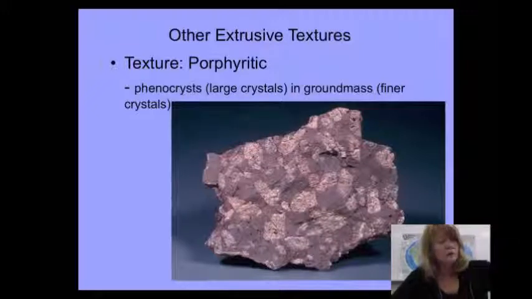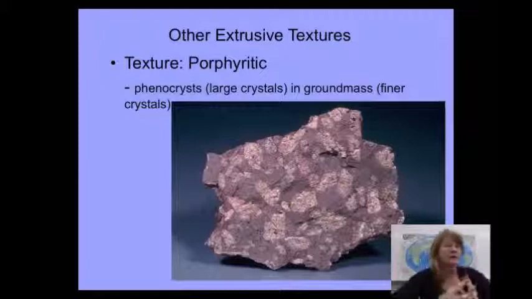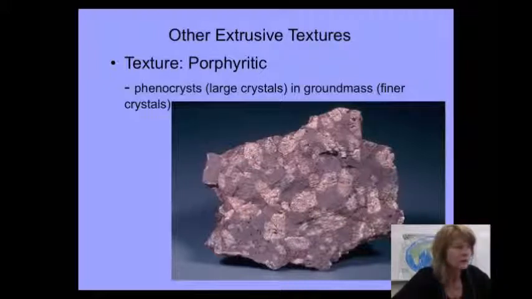So different things can happen when lava comes to the surface. The texture of extrusive rocks is not always fine-grained, or in other words, aphanitic. There's another texture that's kind of in between aphanitic and phaneritic. So let's say that you have a magma below land surface, deep underground, and it starts to cool very, very slowly.